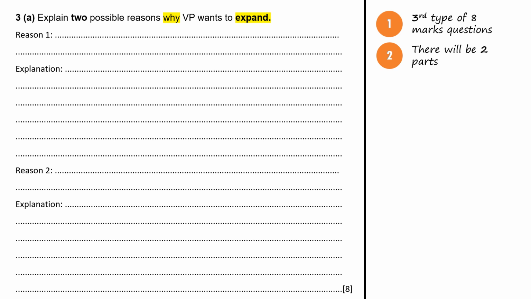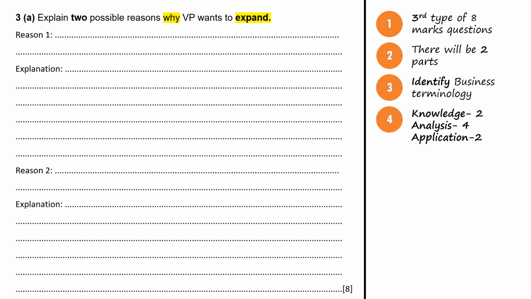Explain 2 possible reasons why VP wants to expand. Expansion is a business terminology, business growth, and the marks allocations are 2 marks for knowledge, 4 marks for analysis, and 2 marks for application.